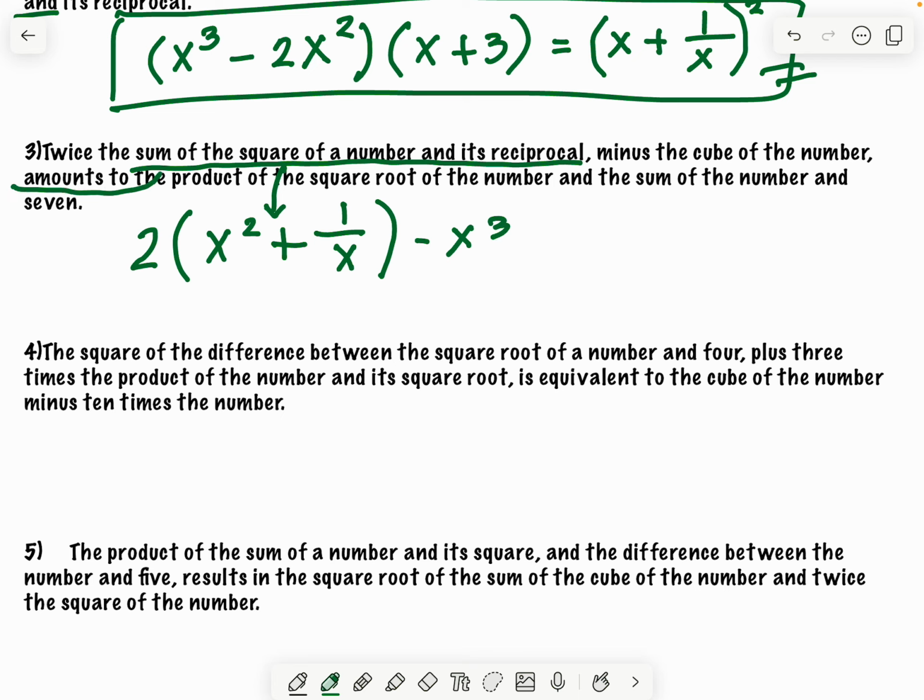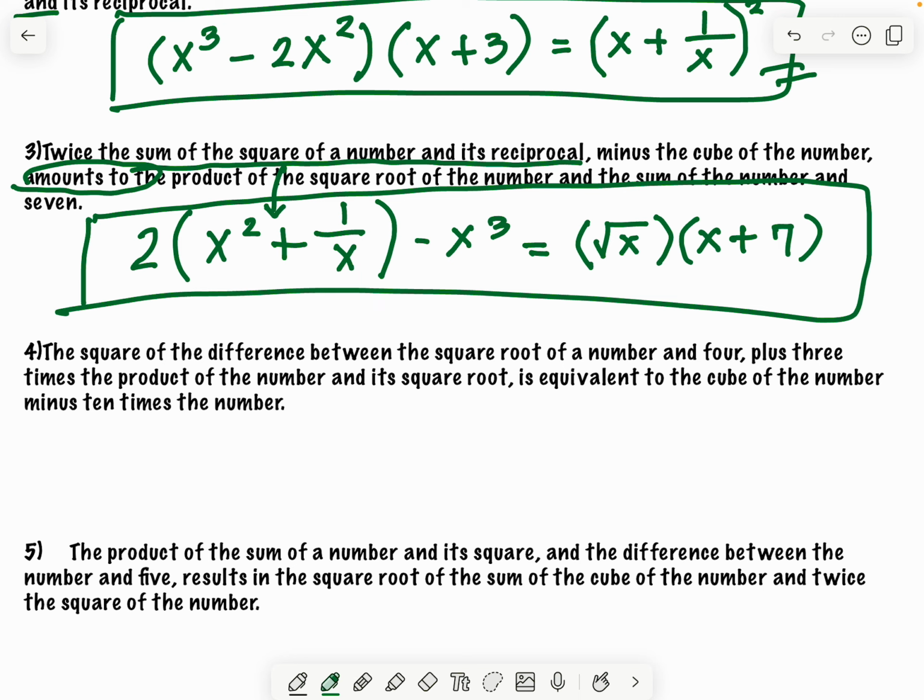So when we have amounts to, that also means equals the product of the square root of the number, product, so multiplication. Sorry, so this is square root of a number, square root of x, and the sum of the number and 7. That's it. So this is our final answer.